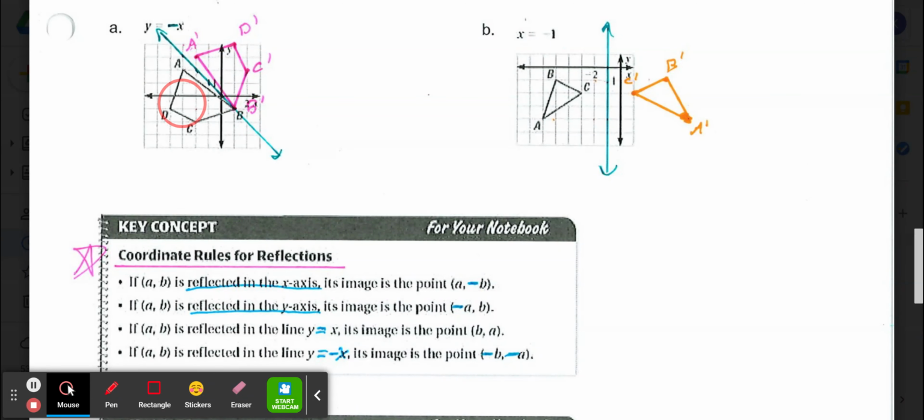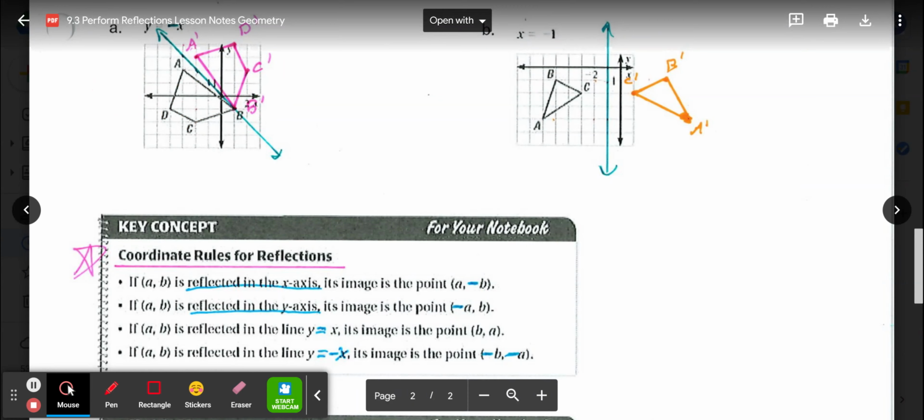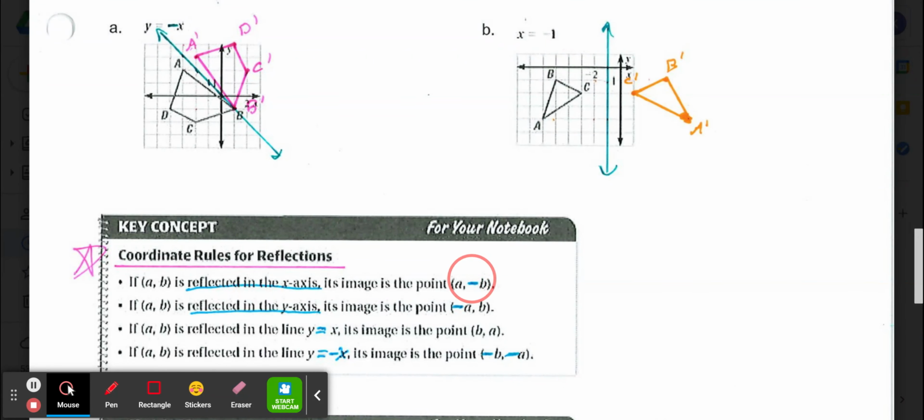So if we're reflecting over the x-axis, y equals 0, and our original point (a, b), our new point of reflection would be (a, opposite of b).